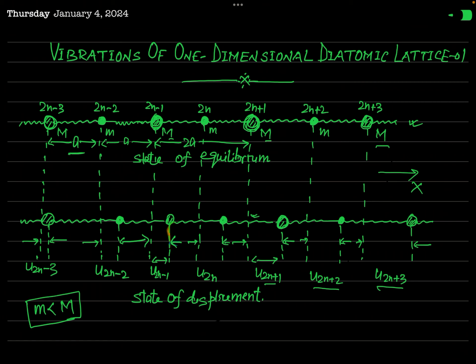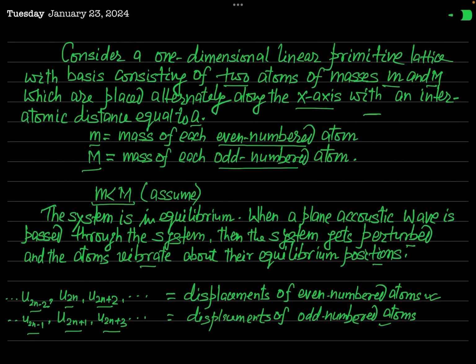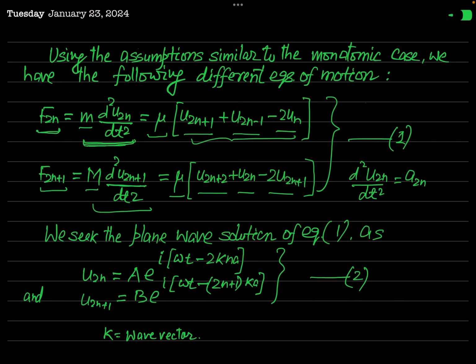Then taking the difference, you get that expression. In this way, we have written the equation of motion of the 2nth atom and the 2n plus 1th atom using Hooke's law, whose idea has been discussed in the lecture on the monatomic linear lattice.